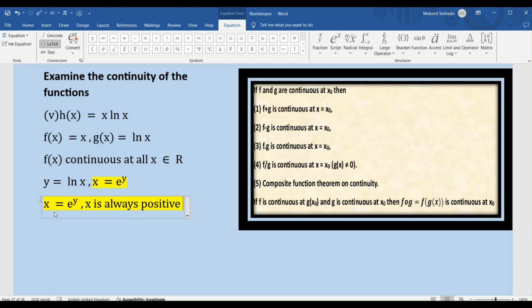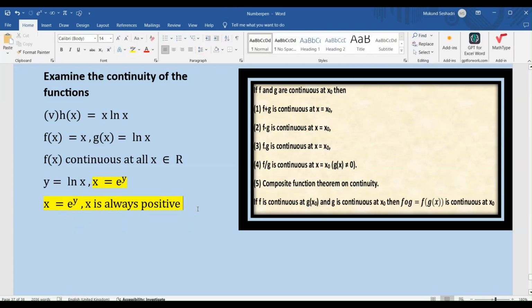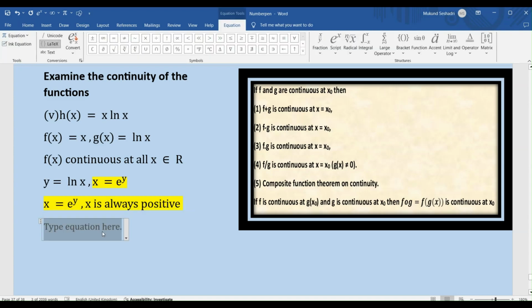X takes a value 0 when y takes a value minus infinity, right? So which means, let me go to the next line and I'll probably write it. X can never take a value 0.